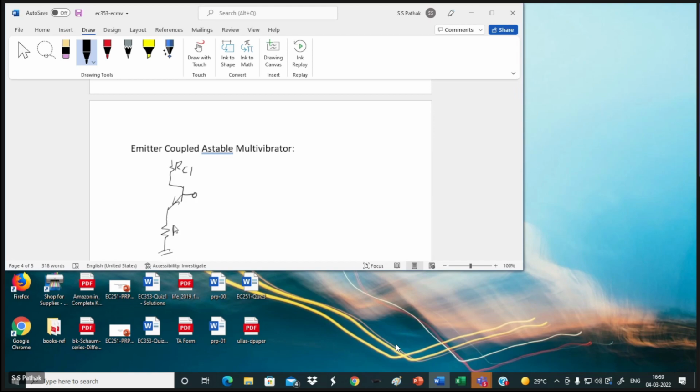This becomes my RE1, and here is RE2. Why? You may make the same thing, but there are two separate resistances, remember. RE1 and RE2 may be having the same value or different value. Okay, this is RC1, this I am putting as my RC2.